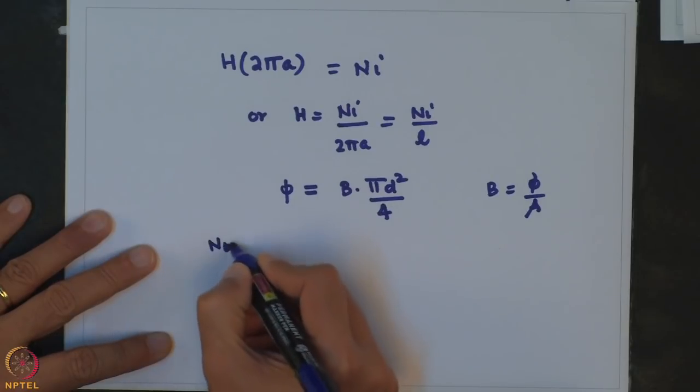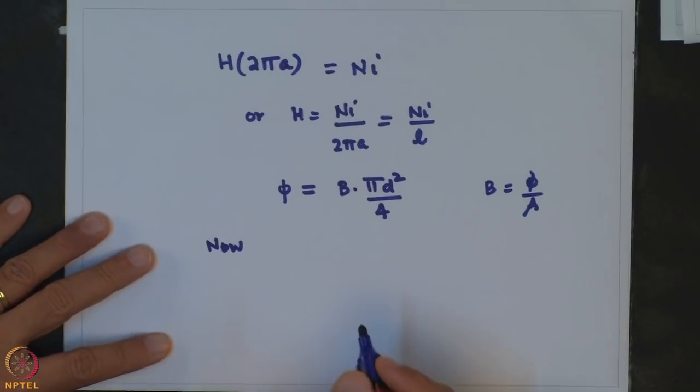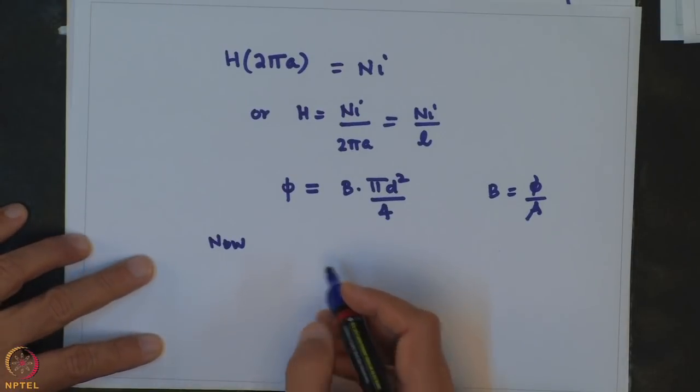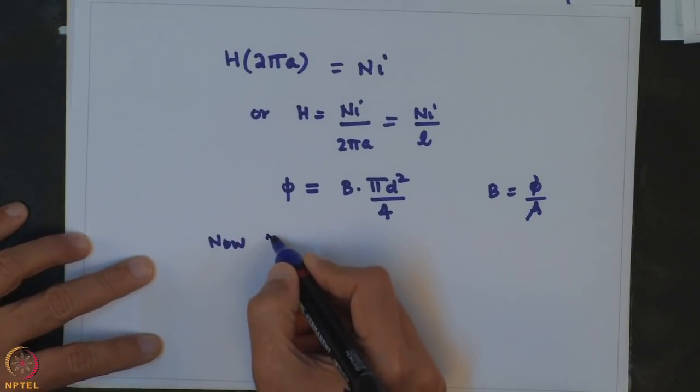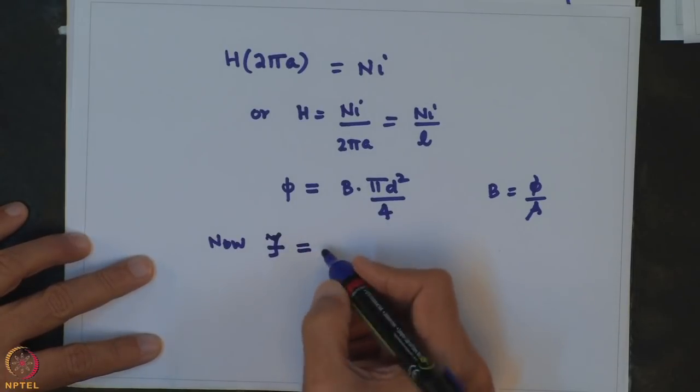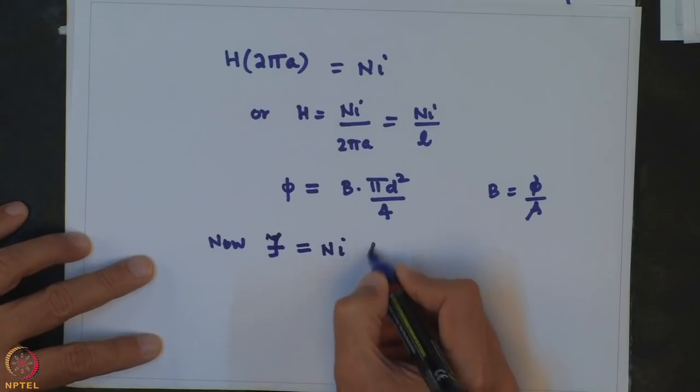Now, we can say that this flux is established due to the MMF, the magnetomotive force defined by F equal to Ni amperes.